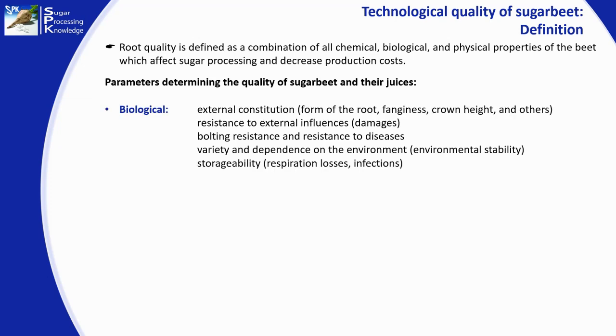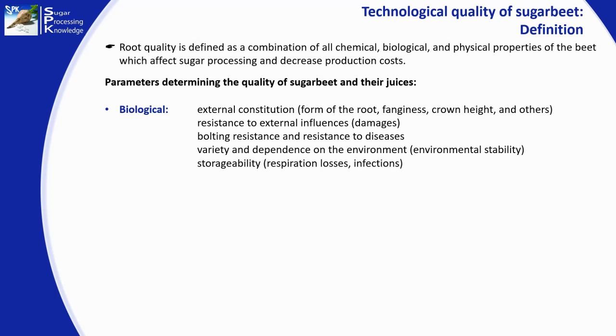First, there are the biological parameters, in which we find the external constitution of the beetroot, that is, the form of the root, fangyness, crown height, and others. Resistance to external influences: bolting resistance and resistance to diseases. Variety and dependence on the environment. And finally, beet storage ability, with the risks of respiration losses and infections.